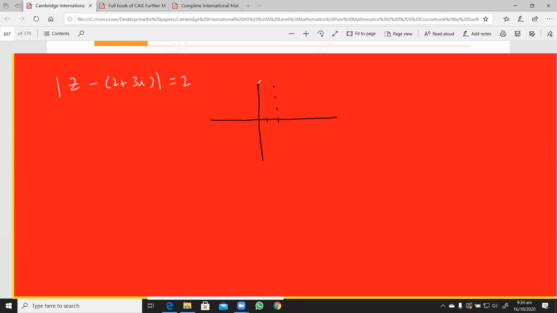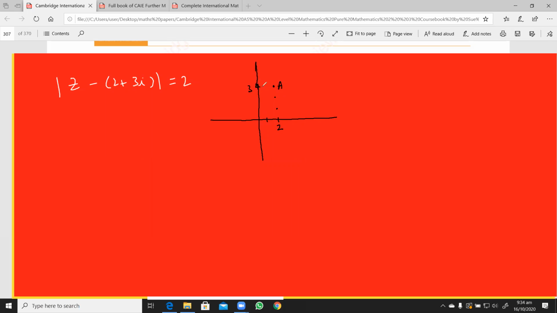The examiner would like to see that you have drawn these lines with the ruler. Now this is the center. Let me call this point A. This is 2 over here and this is 3 over here. You are required to show that this circle has a tangent which is the imaginary axis, because its radius is 2.